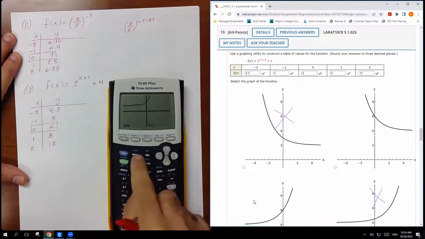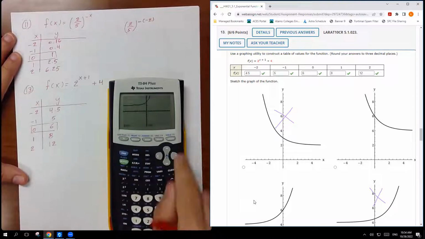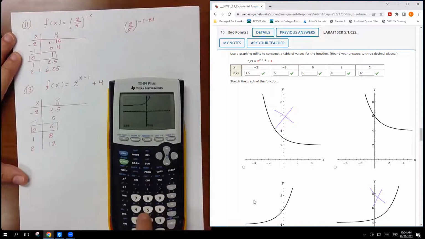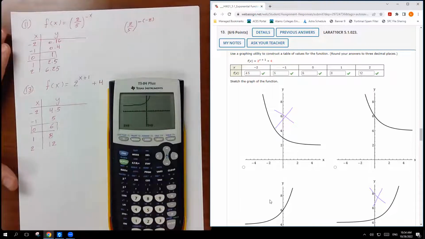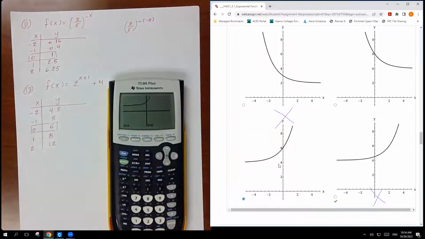Zoom out more. Let's zoom out. So this is the right graph, which is exactly what we did. We chose this one. That's it for this example.